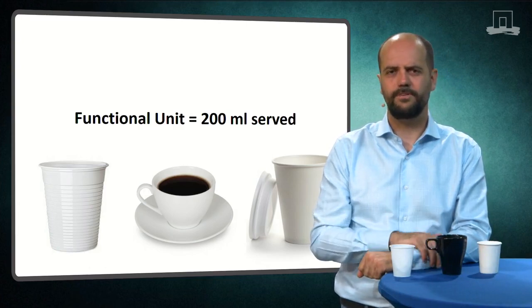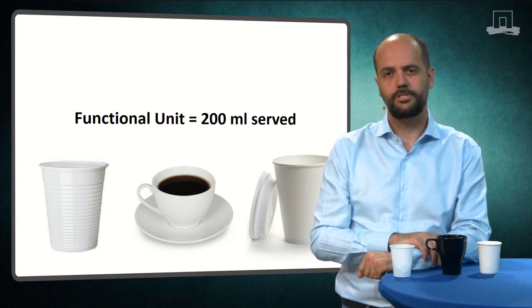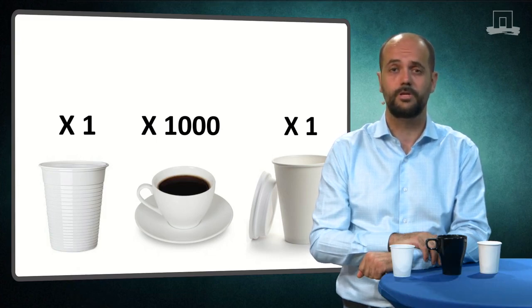But how do we account for the fact that the plastic and paper cups are disposable and the fact that the ceramic cup is reusable? Since the ceramic cup will be used over and over again, let's say 1,000 times, we will need to divide the total inputs for the ceramic cup in our product system by the number of cups served in its lifetime. In other words, we need to scale our ceramic cup inputs to the functional unit of 200 mL of coffee served.